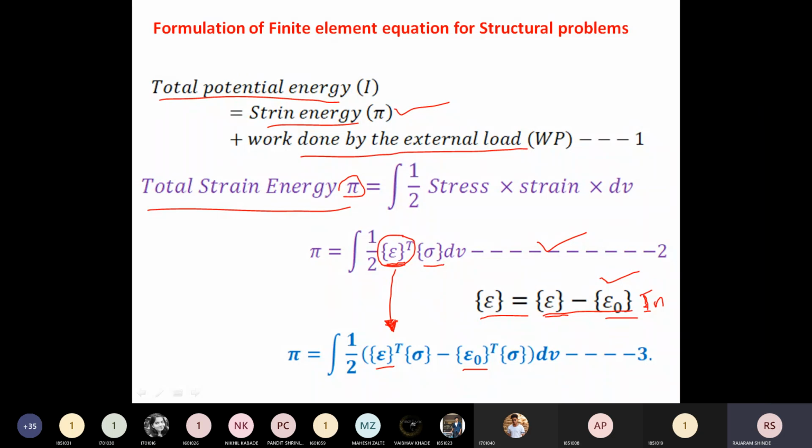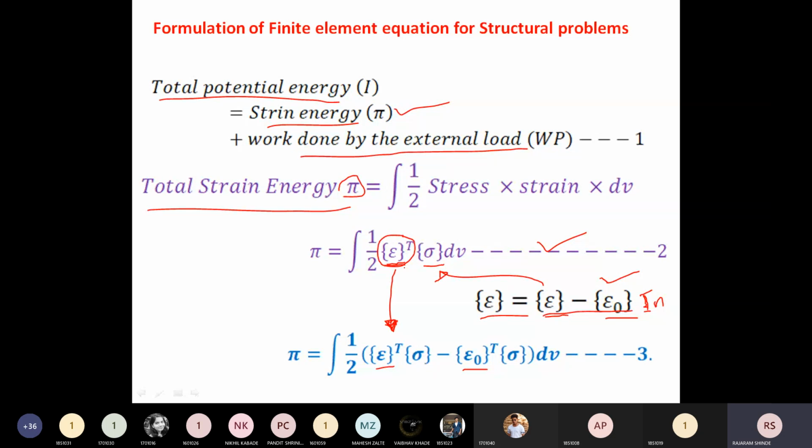Okay. Any doubt in this equation? Equation number 3. Any doubt? I have replaced the epsilon by epsilon minus epsilon 0 just as a resultant strain. Okay. So it becomes, you put this value in this equation.